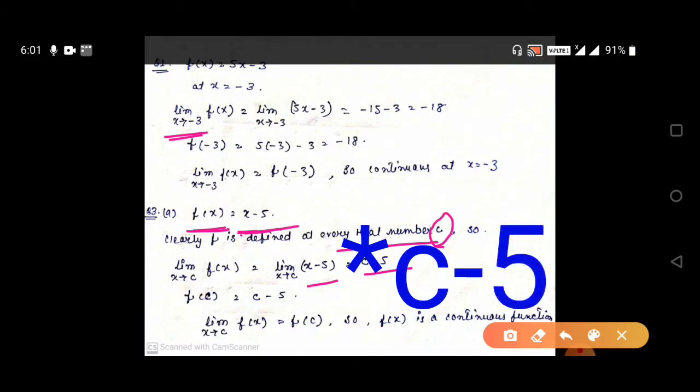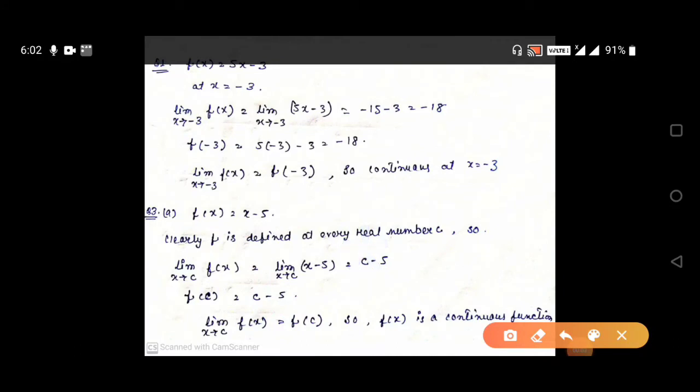Then we will find f of c. The value is again c minus 5. Since both the values are equal, so f(x) is a continuous function. So in this way we can do question number 3. The rest of the questions are same as the solution of question number A. In the same way you have to do the rest of the questions.